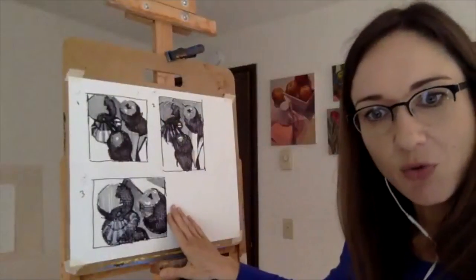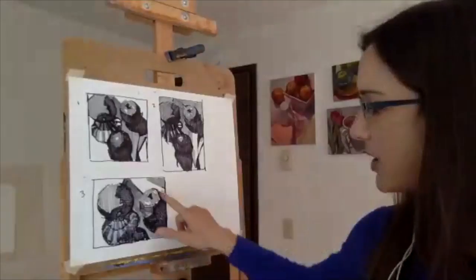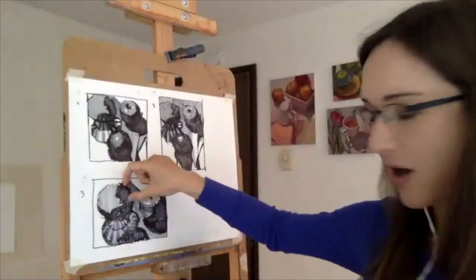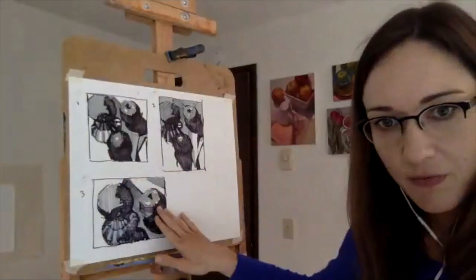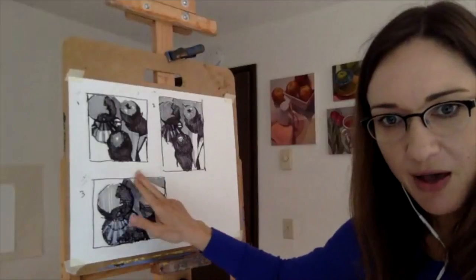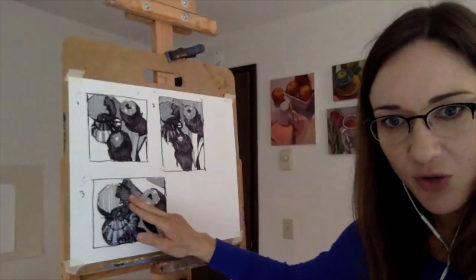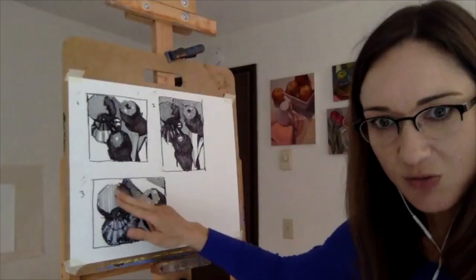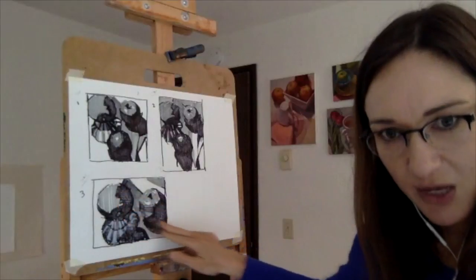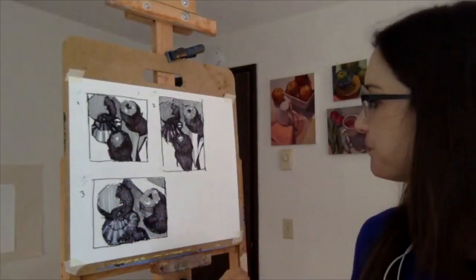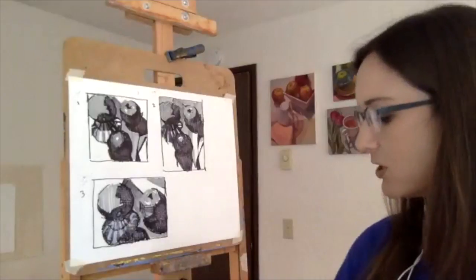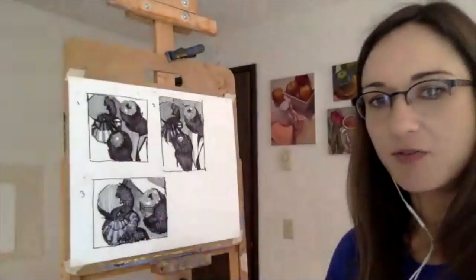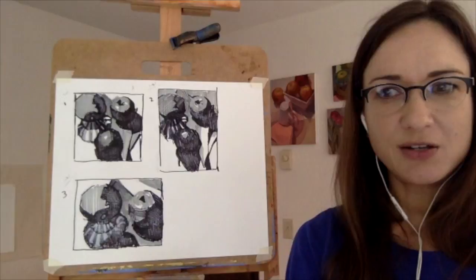How can I create more of that over here? Well, I could move this apple up and behind, from over here to up and behind this, to kind of create more of a mass of darks moving down through the painting this way. So I could, at this point, move the still life around to make changes.